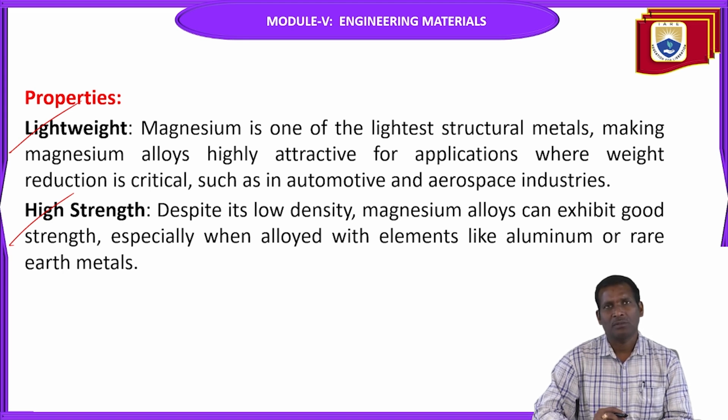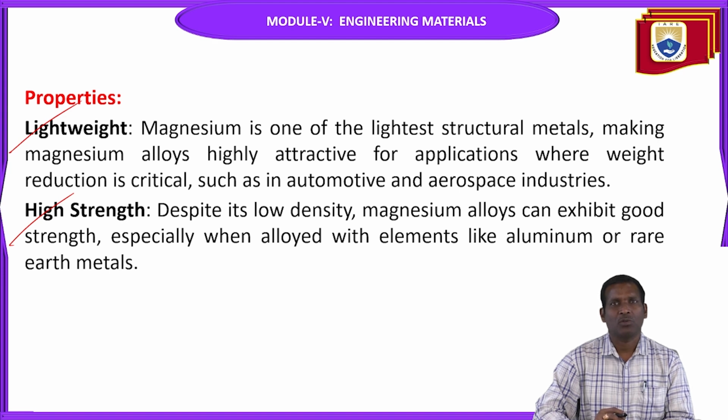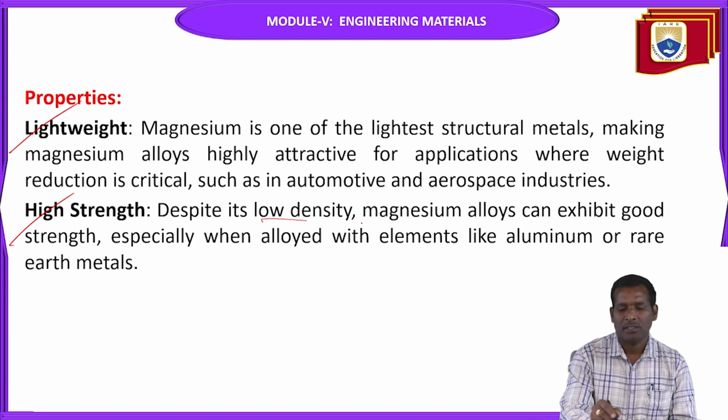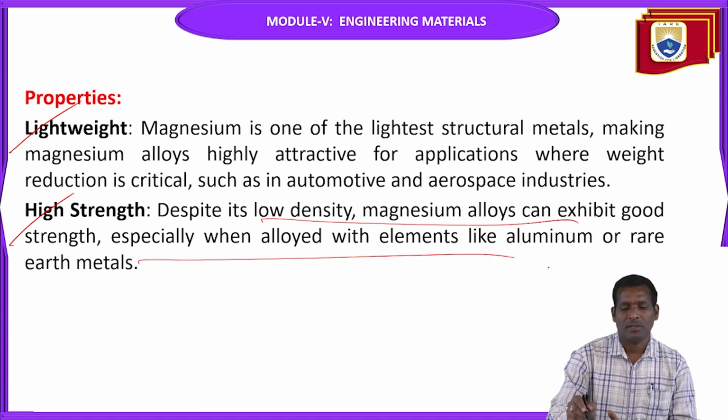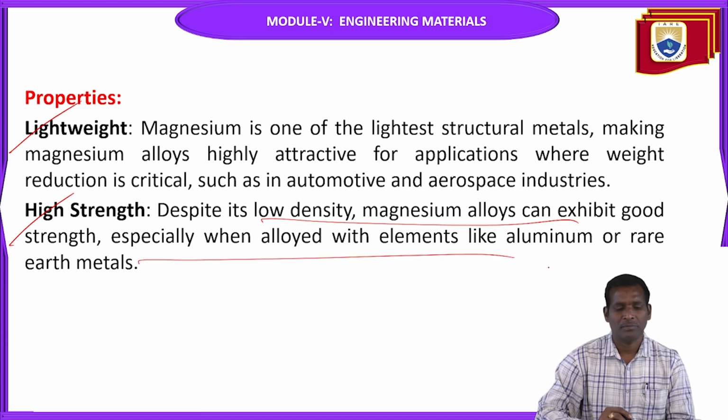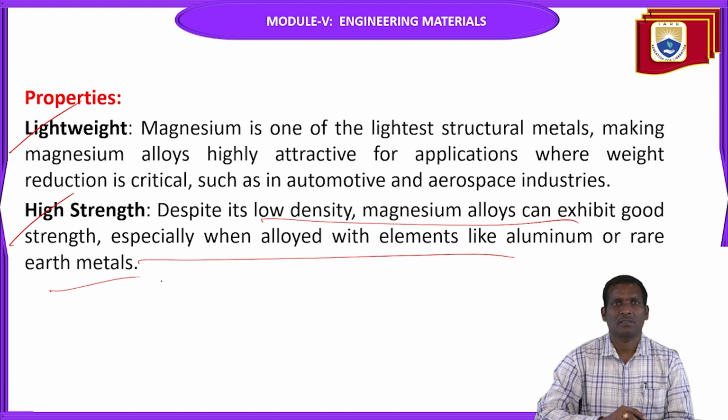So it is a very attractive material in these sectors. In the case of high strength, despite its low density, magnesium alloys can exhibit good strength, especially when alloyed with elements like aluminum or rare earth metals.